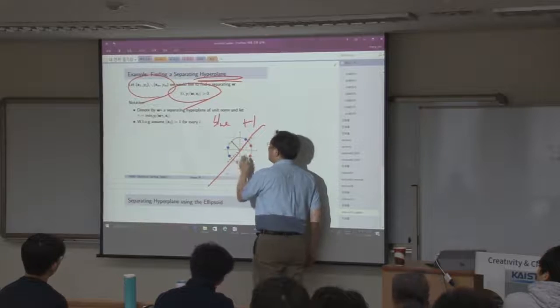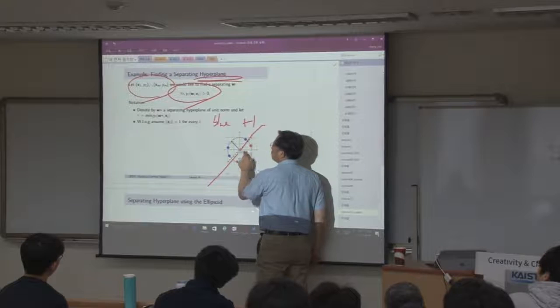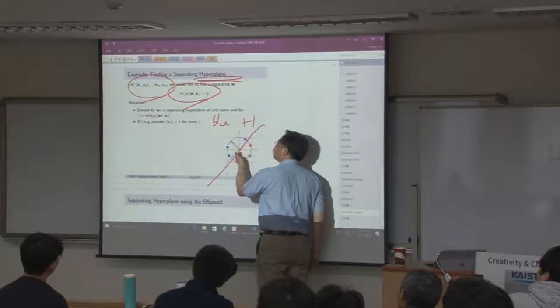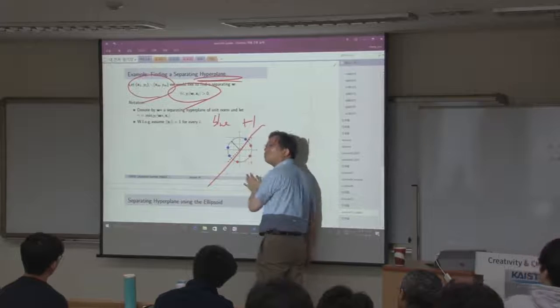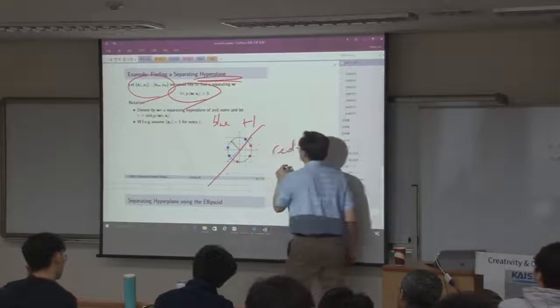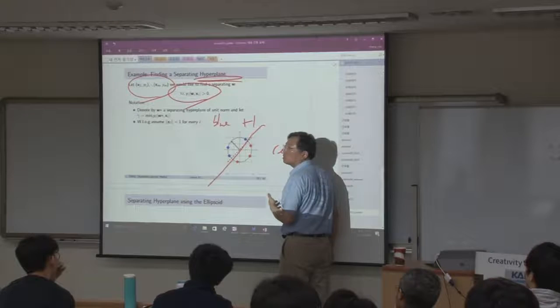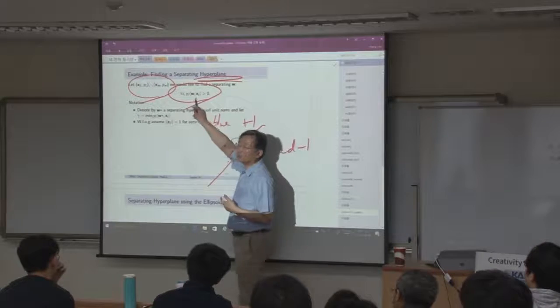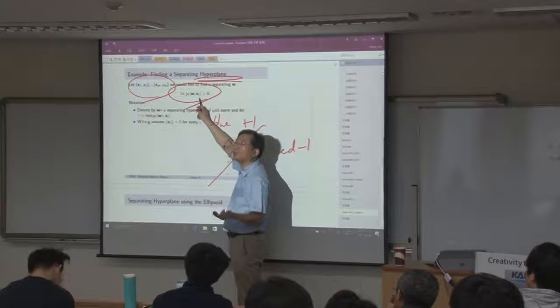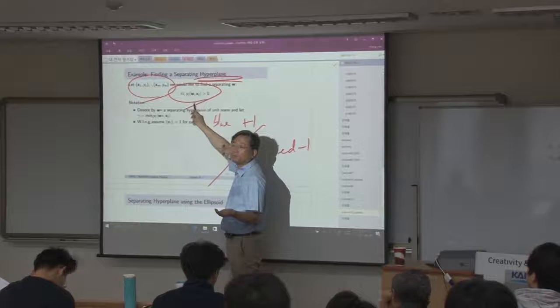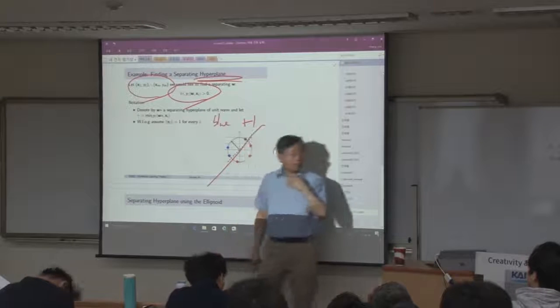So for these values, W is this way, the point is here, you take the inner dot product, you get a negative value, times its label -1 gives you a positive value. So for red and blue, this condition is satisfied.